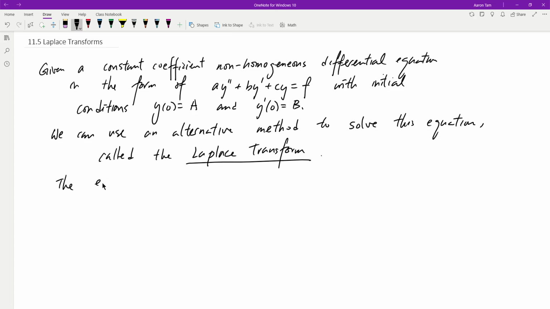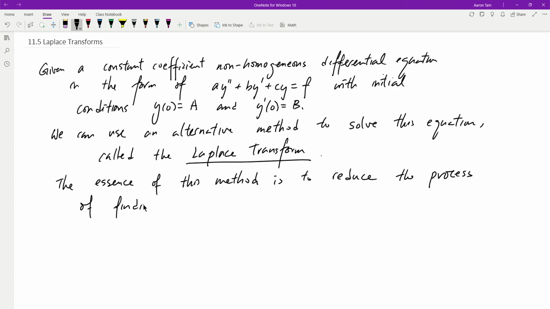So the essence of this method is to reduce the process of finding the solution into some basic routine algebraic manipulation.